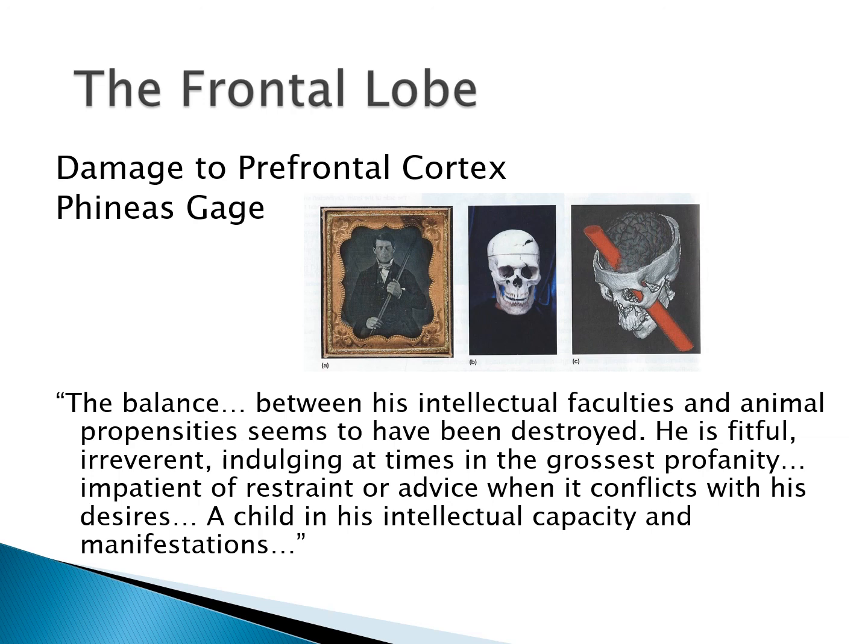So what happened to Phineas Gage, and this was back in, I want to say the 1920s, but it might have been even a bit earlier. He was doing something at a rail yard, tamping something down with a tamping iron, and it exploded and sent that tamping iron, you can see, up through his left cheek and through the medial part, so that very center part of his prefrontal cortex.